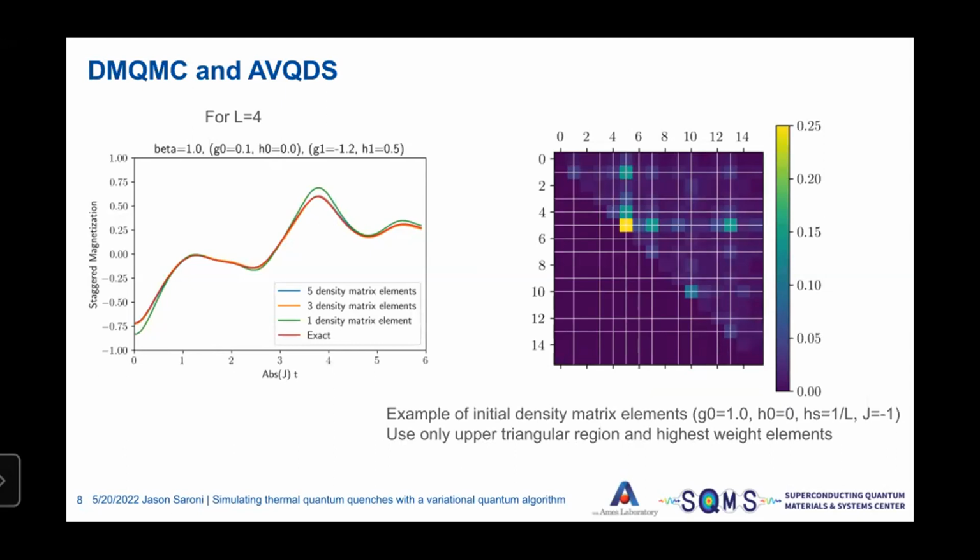And to the right, for G naught equals 1.0, you can see that you start to have off-diagonal elements, but in most of the entries, where this is a picture of the density matrix for system size L equals 4 with 16 rows and 16 columns, there are a lot of empty spaces, and that means you don't have to simulate all of these empty spaces, but just take the highest weight.